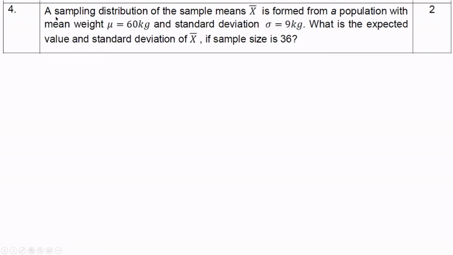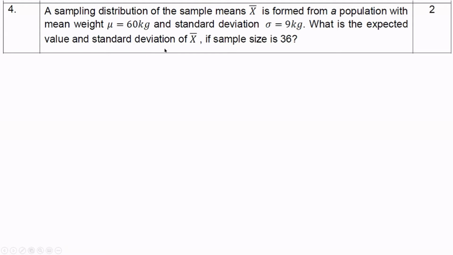So here it is given a sampling distribution of the sample means is formed from a population whose mean weight is 60 kg and standard deviation is 9 kg. We need to find the expected value of X bar and standard deviation of X bar if the sample size is 36. Now this we have discussed about sampling distribution or standard error of sampling distribution.